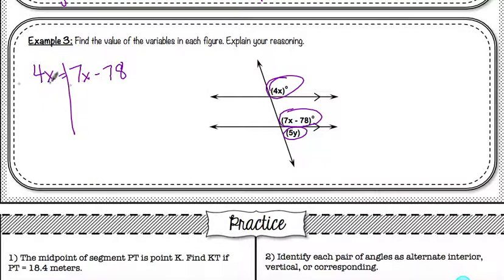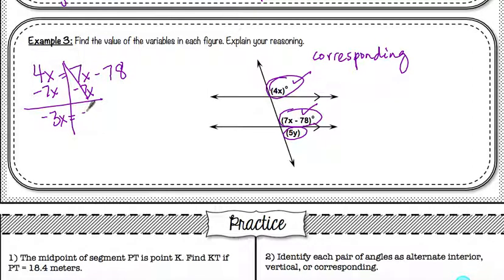Okay, so I have this equation. They're corresponding angles, and the lines are parallel, which means they're congruent. So I'm going to subtract 7x, and I get negative 3x equals negative 78. Then I'm going to divide by negative 3, and I get x equals 26.